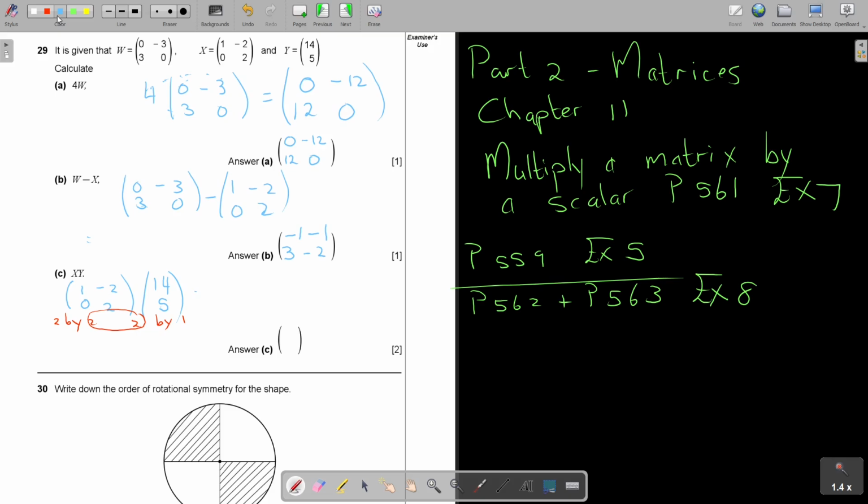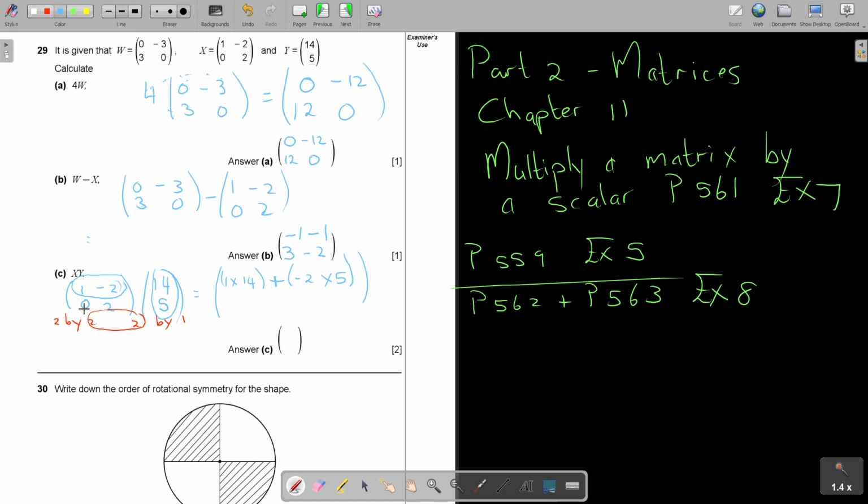Now remember, it's a bit confusing because it's this row with this column, and I add. So it's 1 times 14, plus negative 2 times 5.